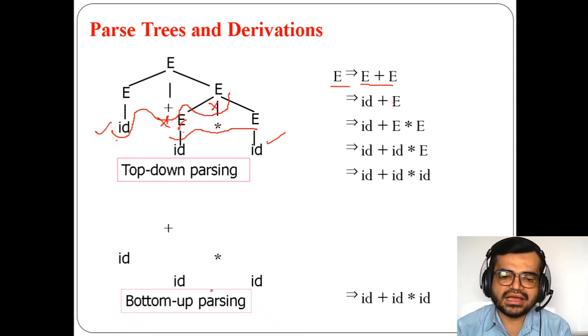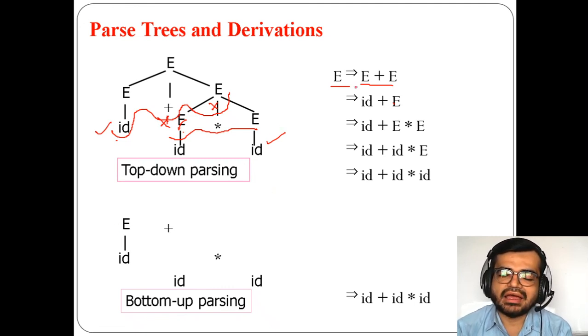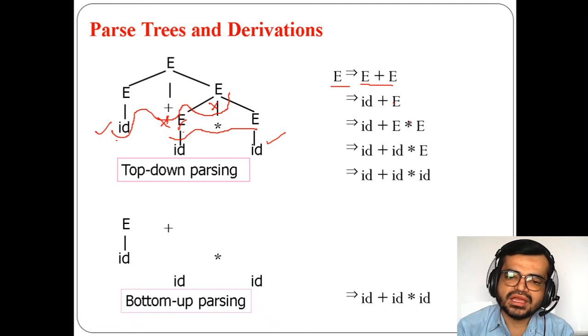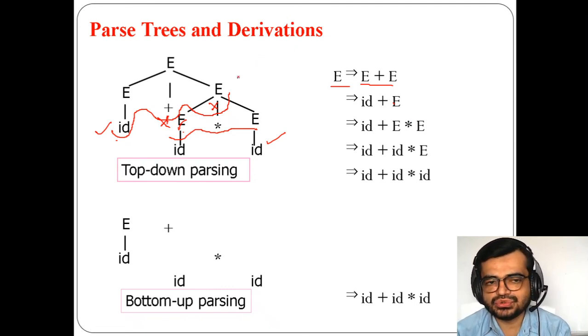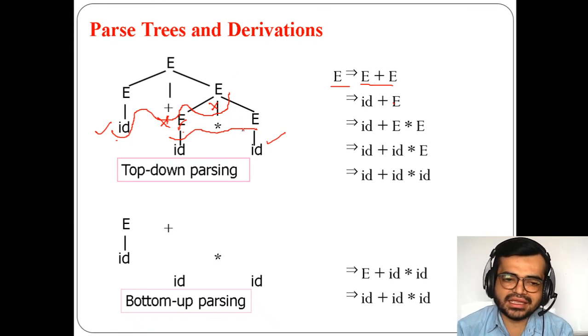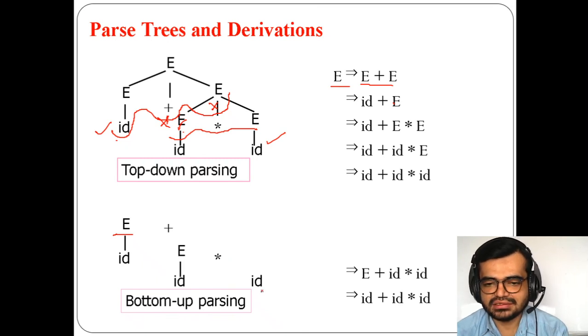And what I am doing here is, as you know, I have to start with E. So I am going towards E because for ID, I have to see the production here. So ID means I should go to E. Then again what is going to happen, you can say that E plus ID, this one. What is this? E plus ID into ID.